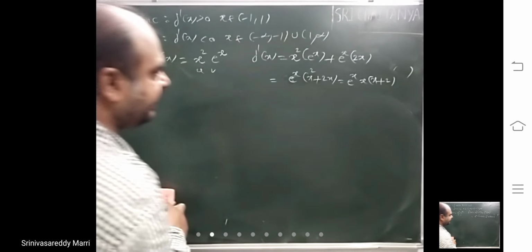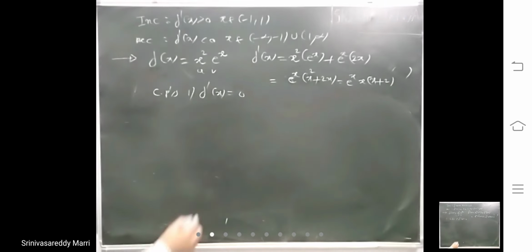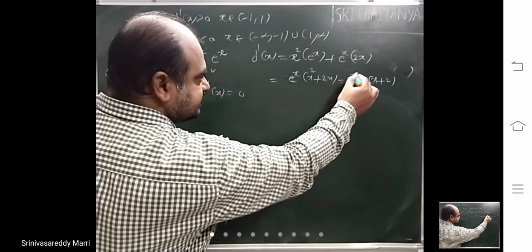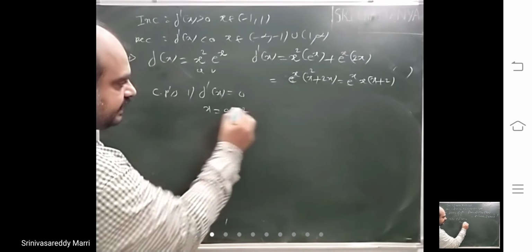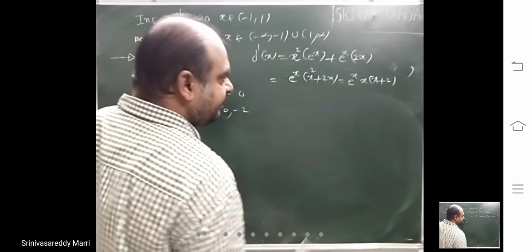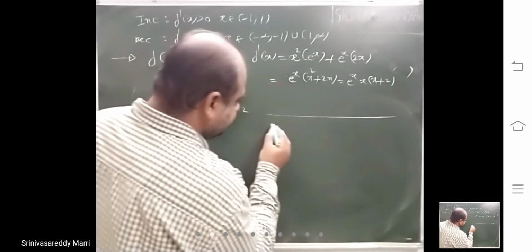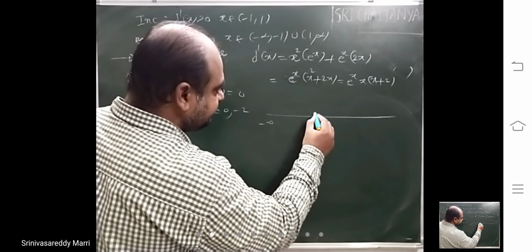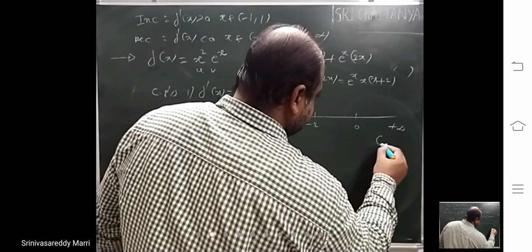Now critical points. If you equate f dash x to 0, e power x will never be 0, so x equals 0 comma minus 2. These are the critical points. There is no denominator, so f dash x exists everywhere, and there are no points where it does not exist. Mark minus infinity, minus 2, 0, plus infinity.